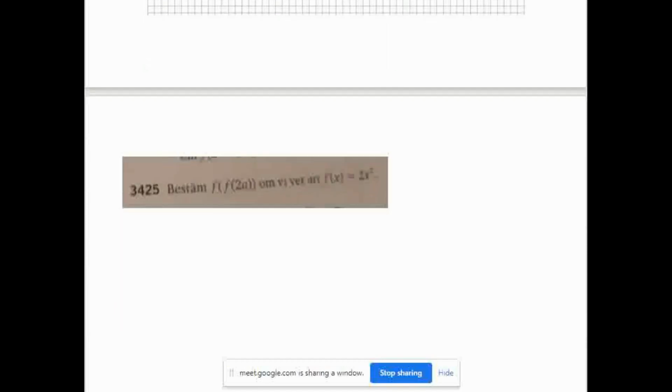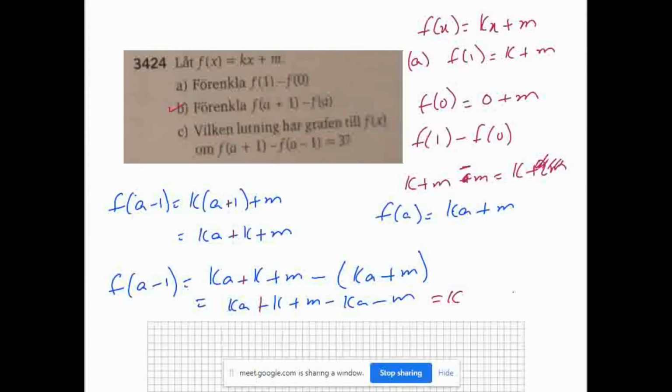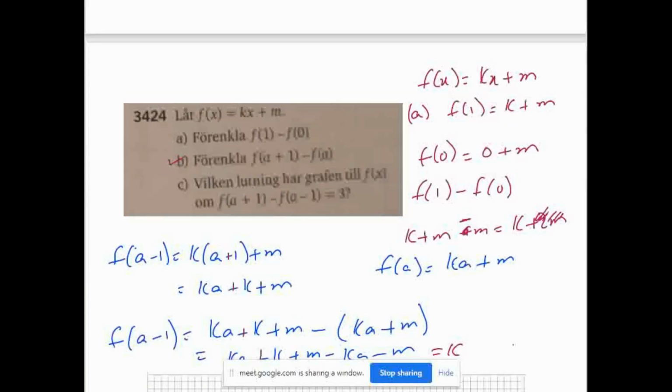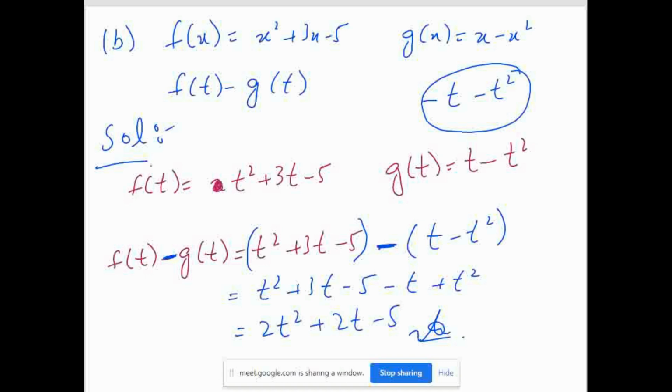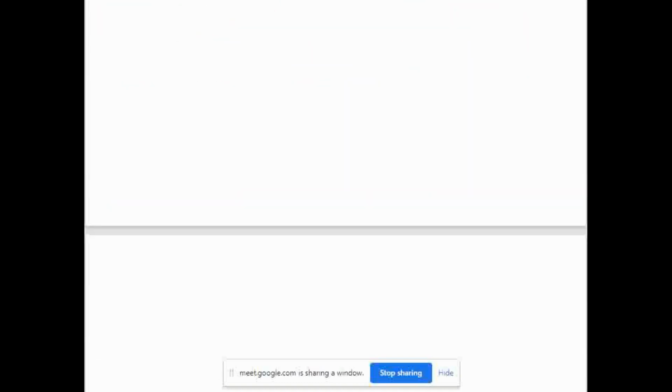Okay, I think we should attempt the last part also because it looks a bit tricky. So let me write over here. f of x is equal to kx plus m. Let me use a new page.